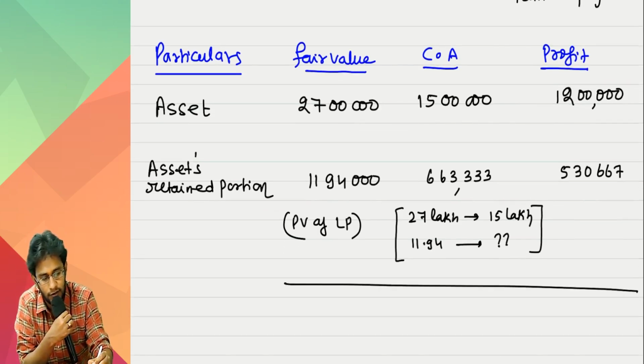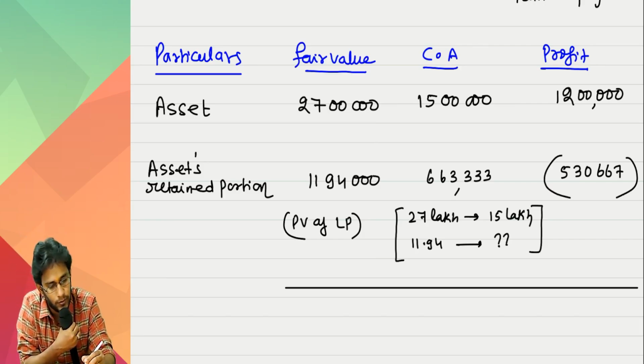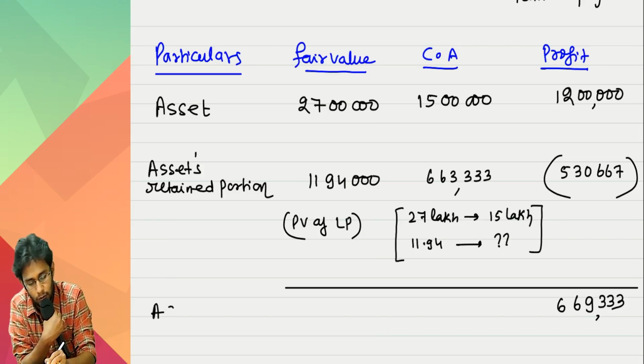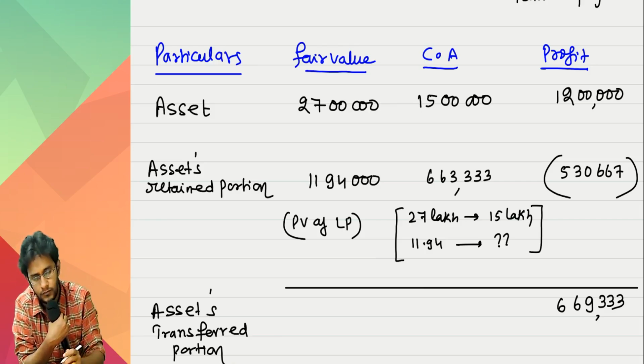So if you net off this, what remaining profit comes? 12 lakhs minus 5,30,000. This is relating to the assets transferred portion. So you can work out the net of these two also.